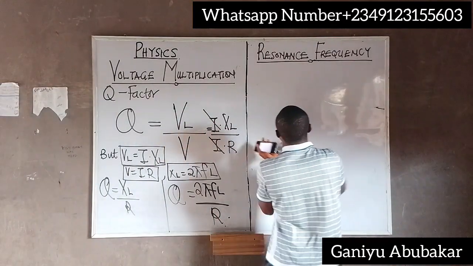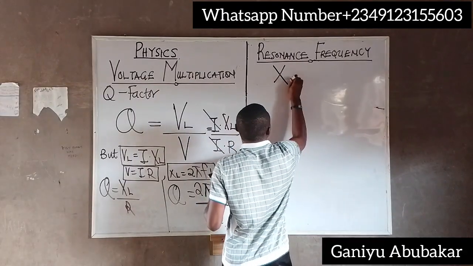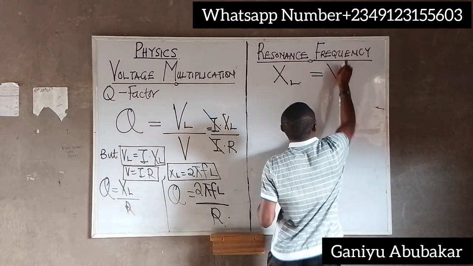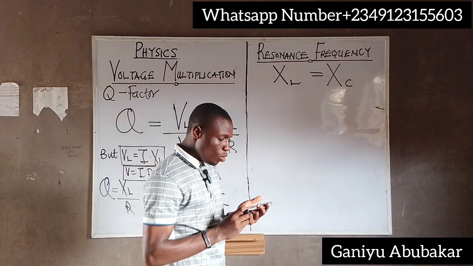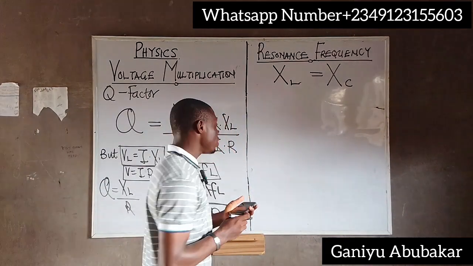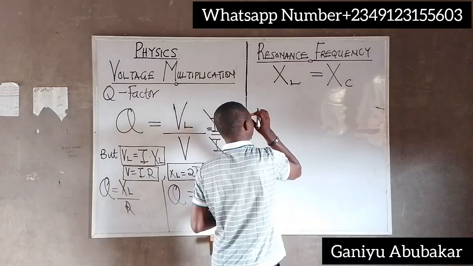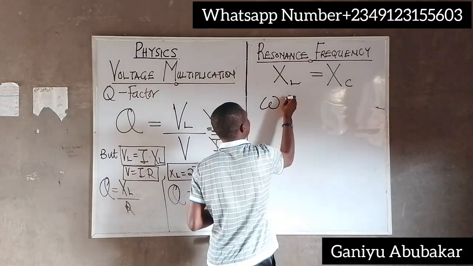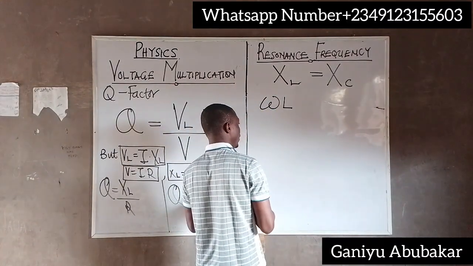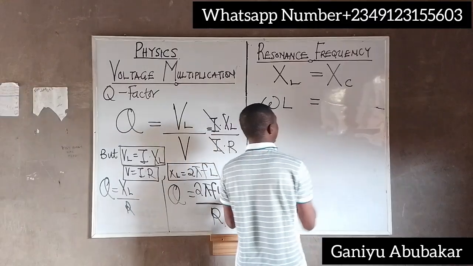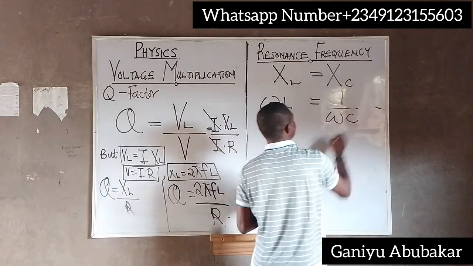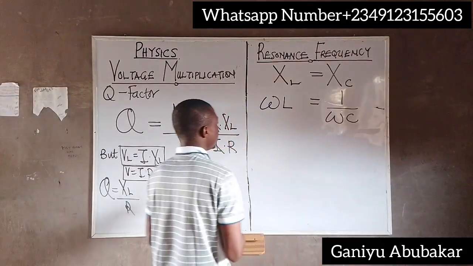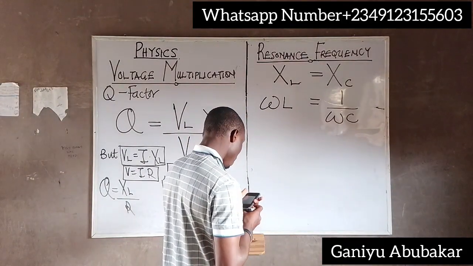So I'm saying this. For resonance frequency, I have that XL equal to XC. What do we know? We know that XL can be expressed as omega L, right? And XC can be expressed as 1 over omega C. Let's start here.